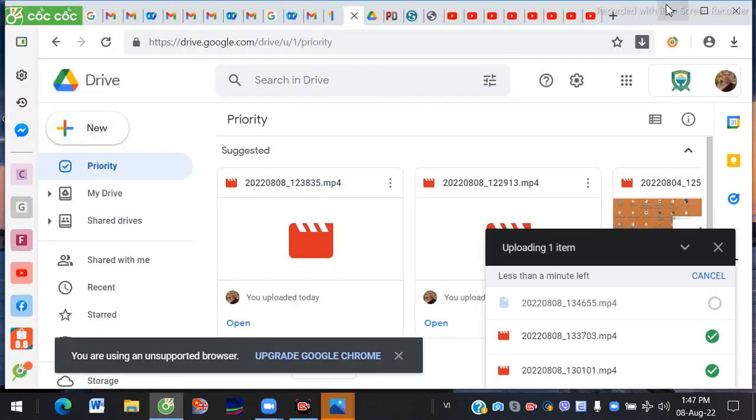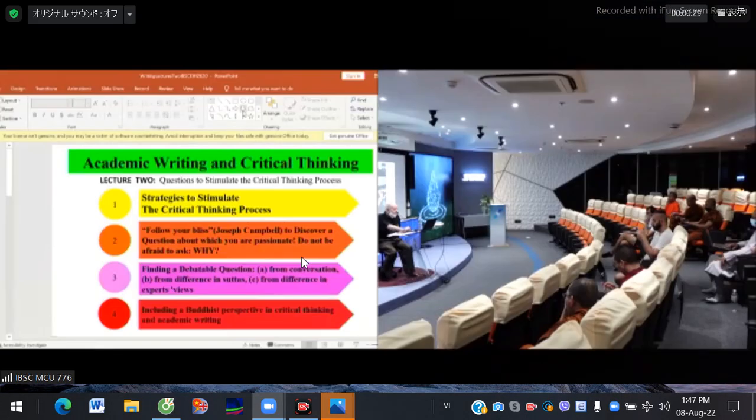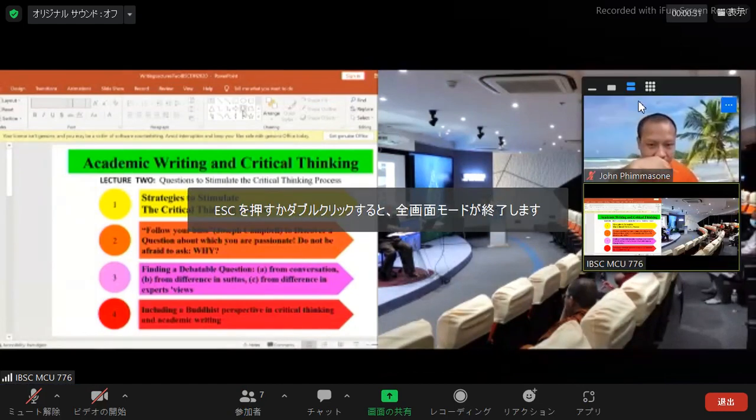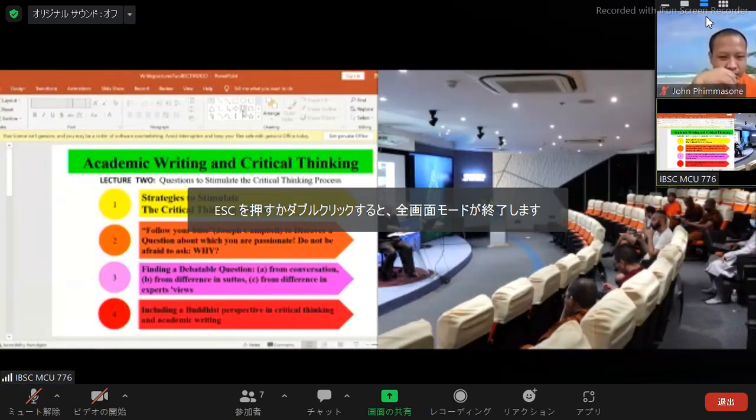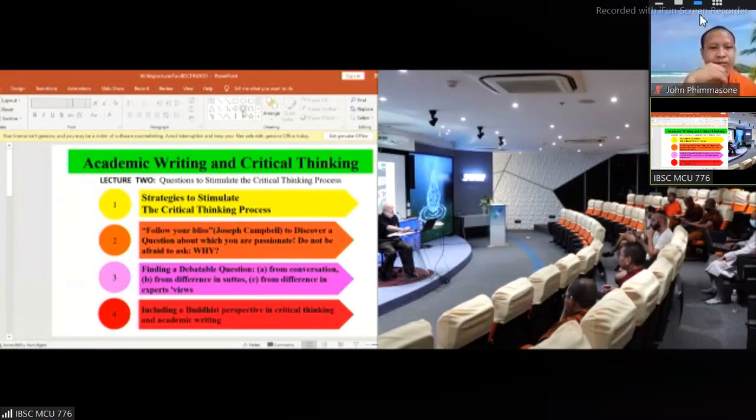work on discovering a question about which you're passionate. Don't be afraid to ask why. By the way, there's a great article in Paul Edwards' Encyclopedia of Philosophy, Macmillan, 1967, just called Why. He was the editor of the whole series of books, Encyclopedia of Philosophy, but he chose himself to work on the word why.